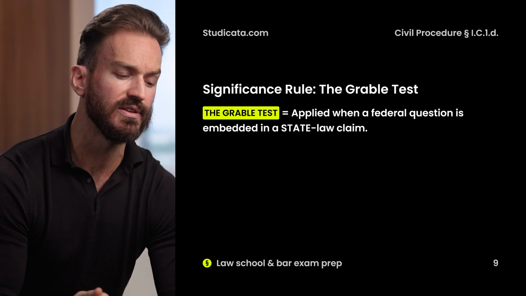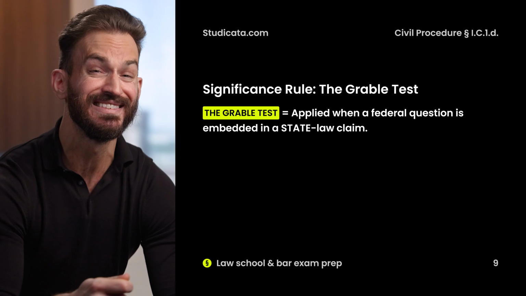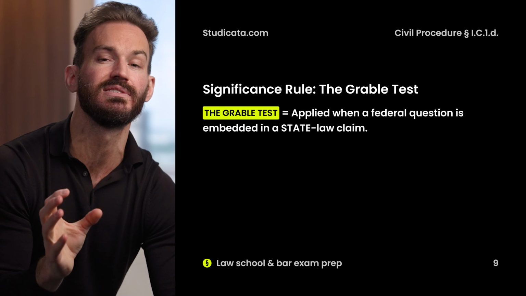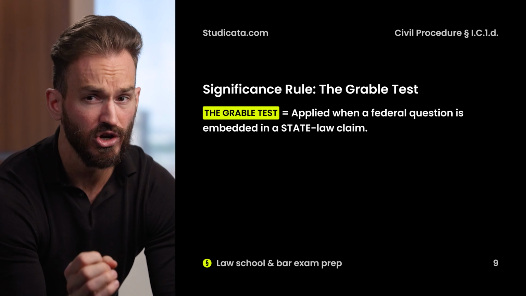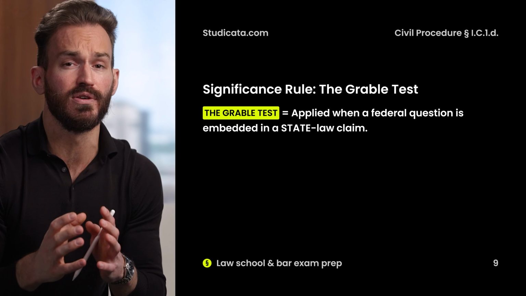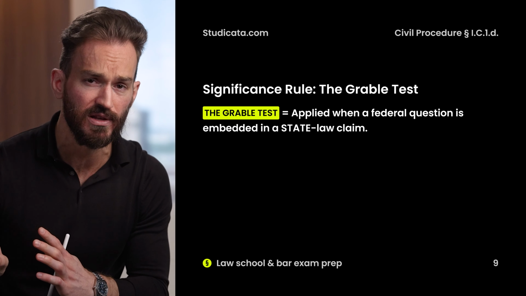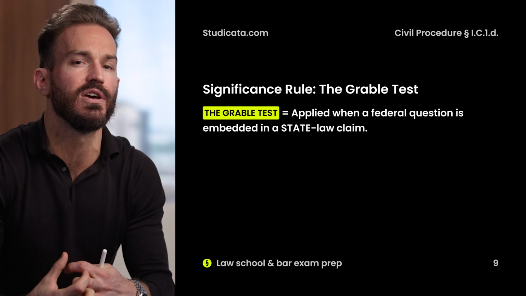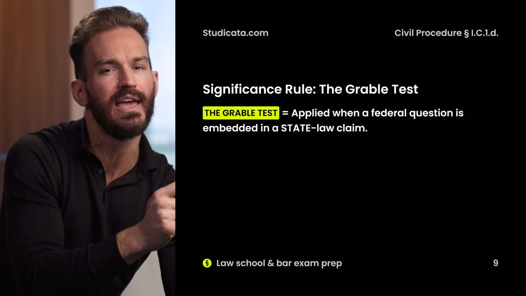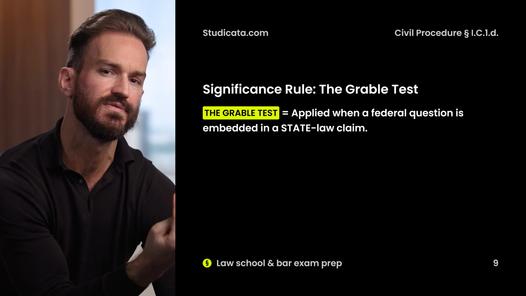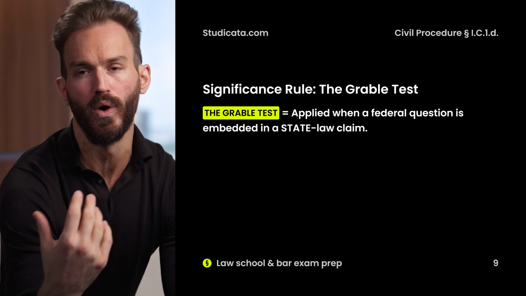The Grable test is applied when a federal question is embedded in a state law claim. So it's still on the face of the plaintiff's complaint. It's in the plaintiff's claim. It's not coming from the defense. It's in the plaintiff's complaint, but it's still a state law claim where we see this federal question embedded. So what do we do?